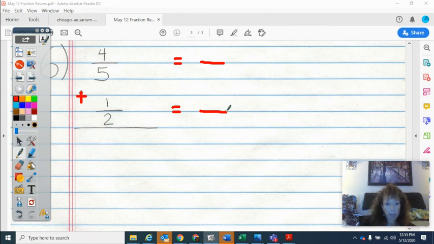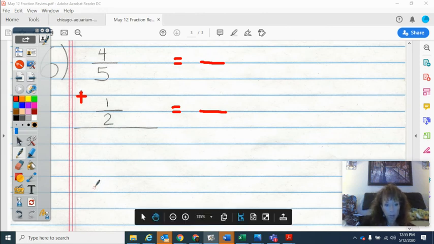All right, so once again, I'm going to go down here and list my multiples. Multiples of 2. Count by 2s. 2 times 1, 2. 2 times 2, 4. 6. 8. 10. All right, I'm going to list my multiples of 5.